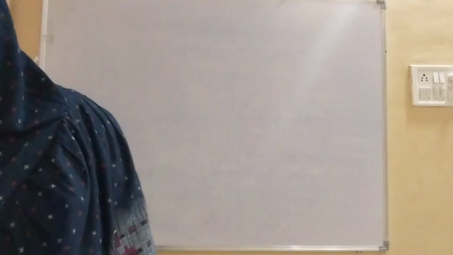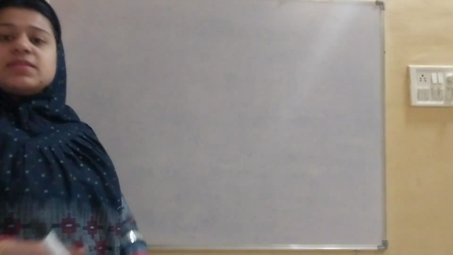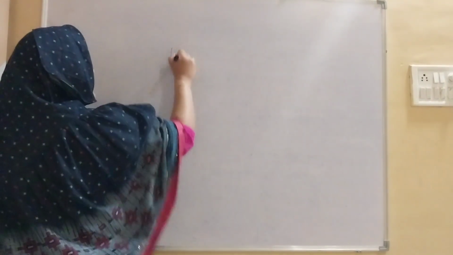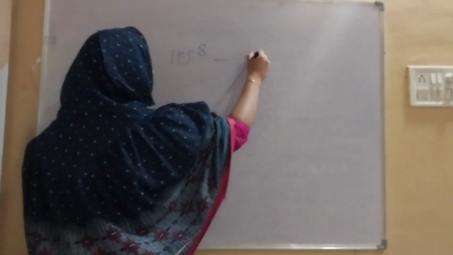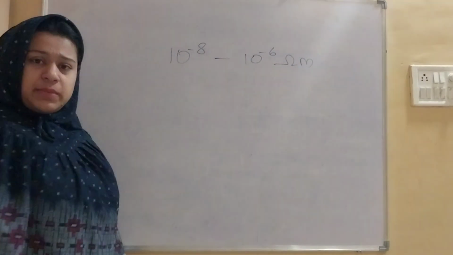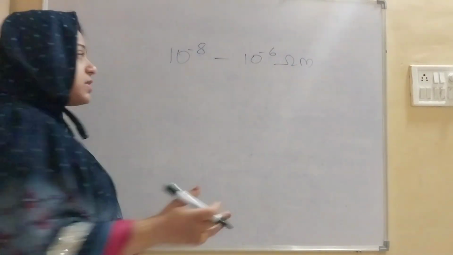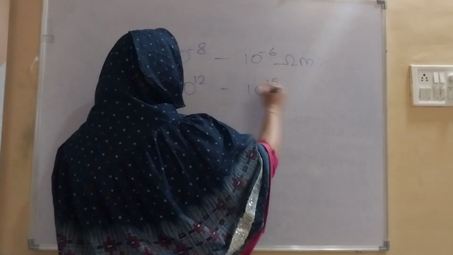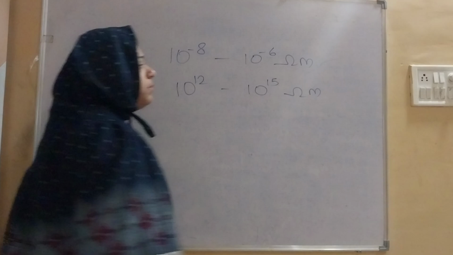Now some substances like metals and alloys have a low resistivity, that is their resistivity is in the range 10 to the power minus 8 to 10 to the power minus 6 ohm meter, while the insulators have larger resistivity ranging from 10 to the power 12 to 10 to the power 15 ohm meter.